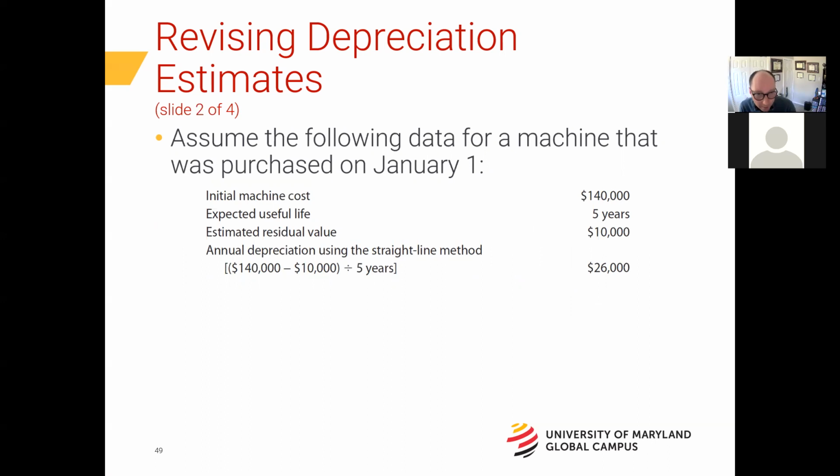So here's some more data. We purchased a piece of machinery for $140,000. Useful life is 5 years. Estimated residual value, scrap value, $10,000. My annual depreciation using straight line, initial cost minus the residual value divided by the 5 years, is $26,000 per year of depreciation.